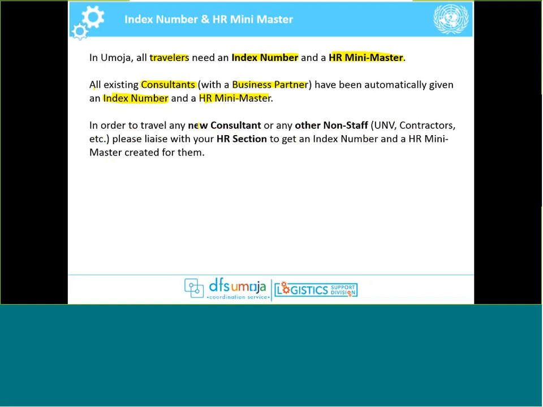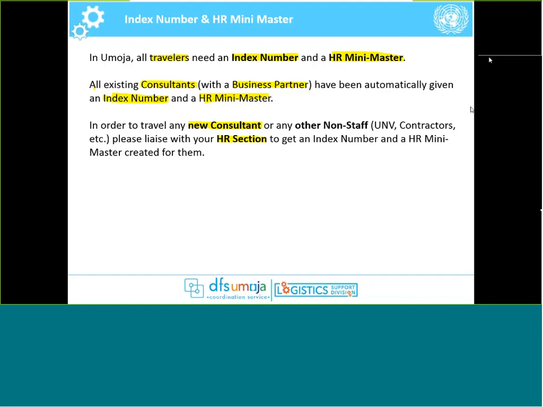if you are traveling a new consultant, for example, if you have to raise an appointment travel request for a new consultant that doesn't have a business partner yet, then you will need to contact the HR section, because the HR section will need to create an index number and an HR minimaster for this new consultant.